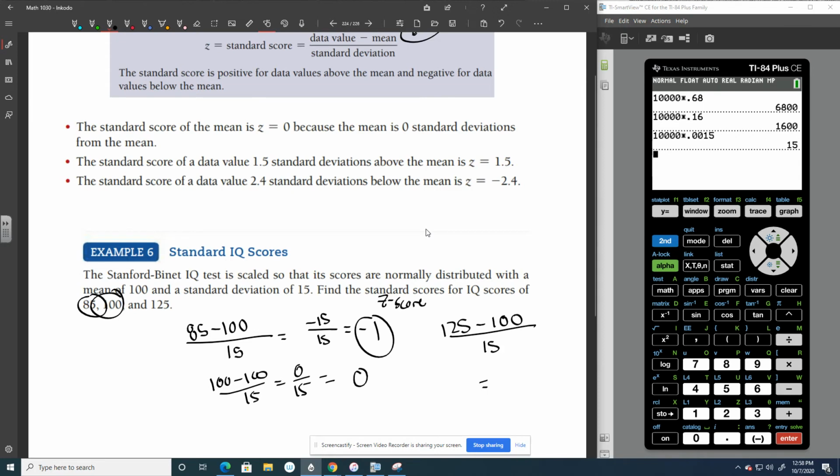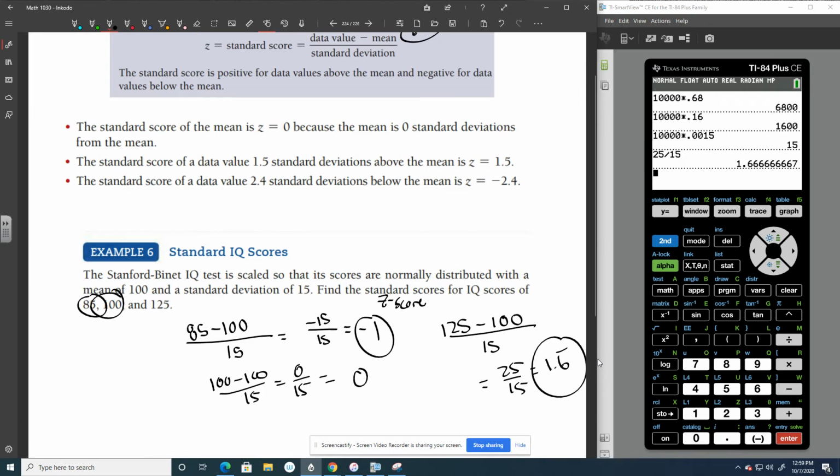And this is going to become 25 over 15. And we'll turn that into a decimal because we've got 5/3, which is 1.666666 forever, right? So that would be my z-score. I'm 1.66666 standard deviations above the average, okay?